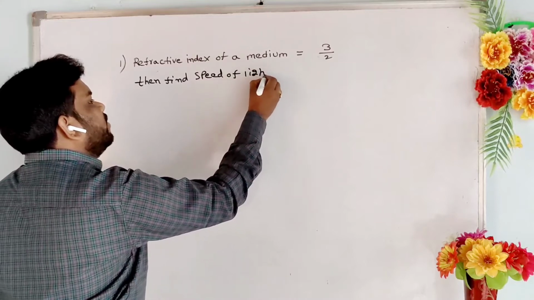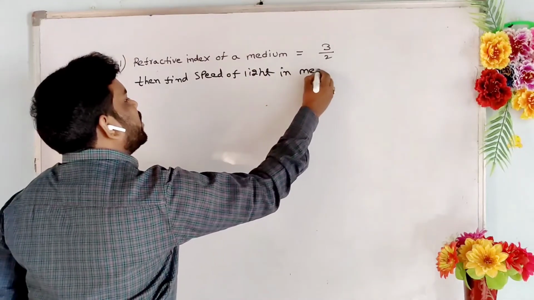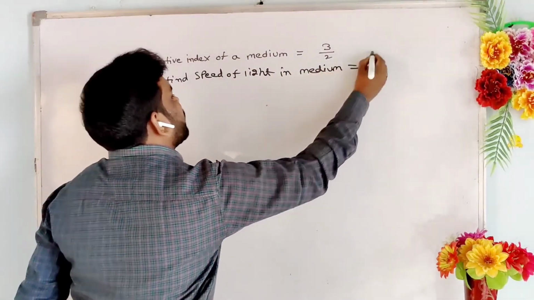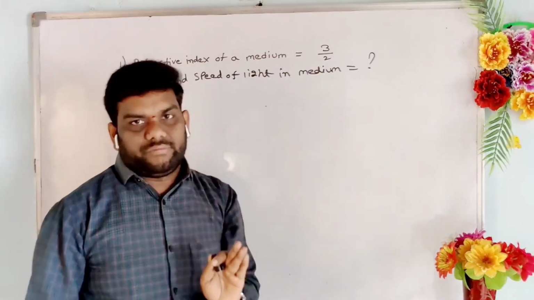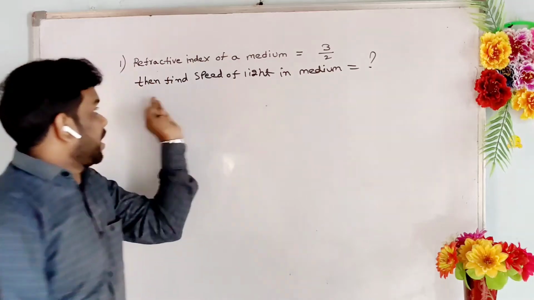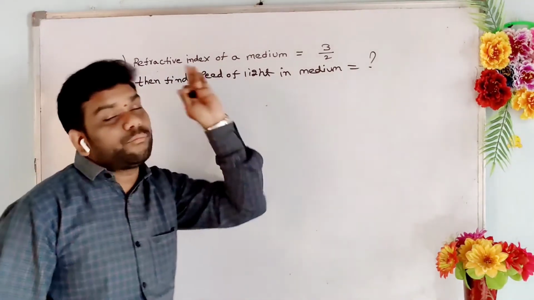Speed of light in medium is equal to question mark. So refractive index of medium is given as 3 by 2. Then find speed of light in medium.